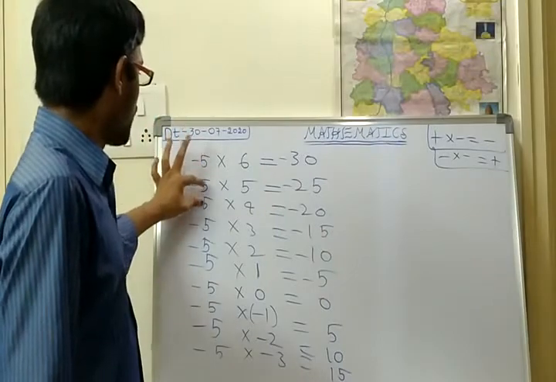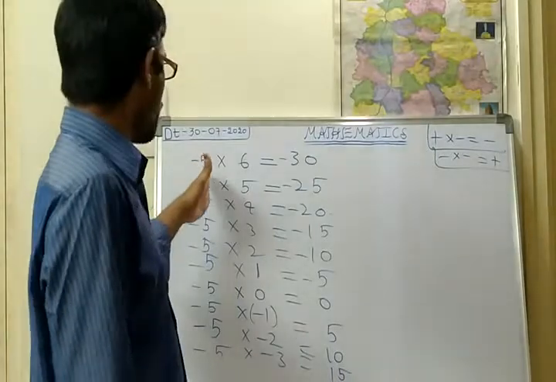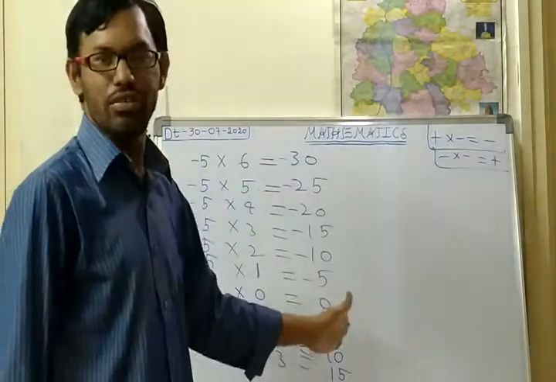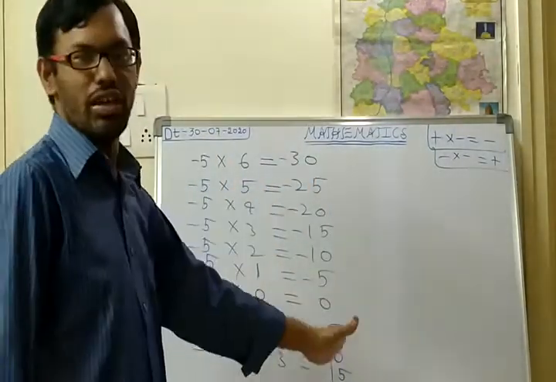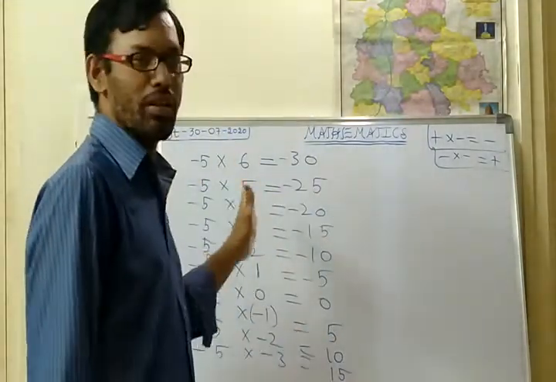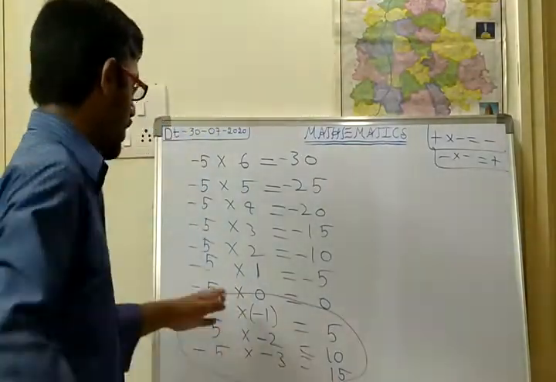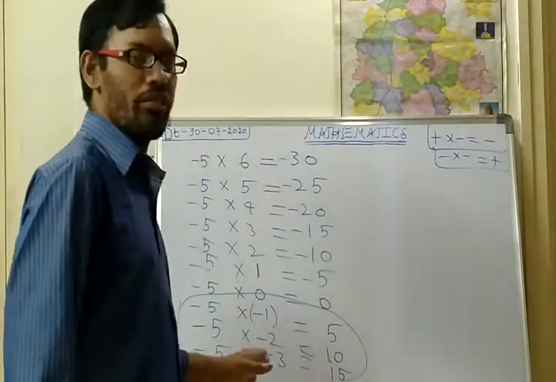We have taken the number 5, so 5 times it is getting increased. If we take 6, it will increase 6 times. 7 means 7 times. 2 means 2 times. Like this the result will be there. So by seeing these things, what you can say is about the product of two negative integers.